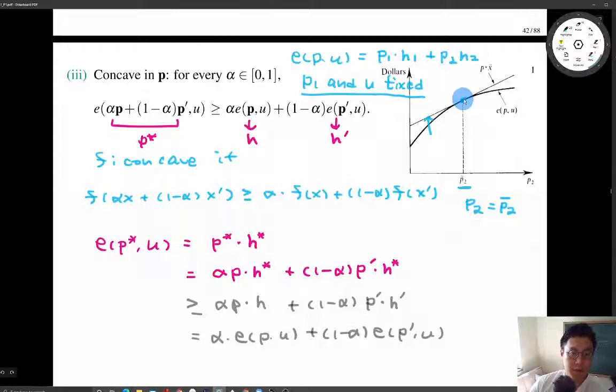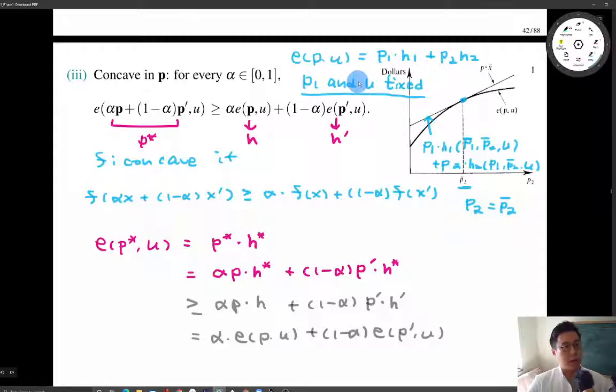The equation of this line segment is going to be P1 times H1(P1, P2 bar, U), the Hicksian demand for good 1 when the price of good 1 is P1 and the price of good 2 is P2 bar, and U, plus P2 times H2(P1, P2 bar, U), the same argument.